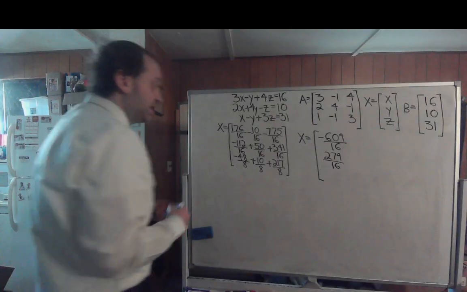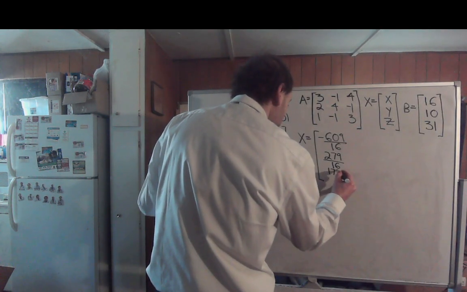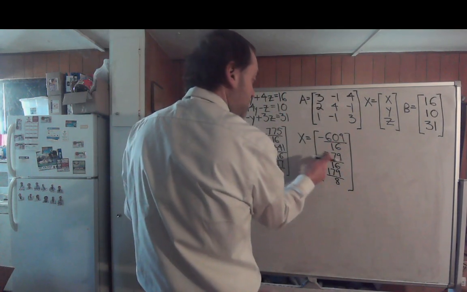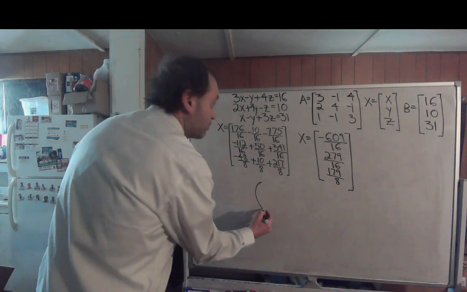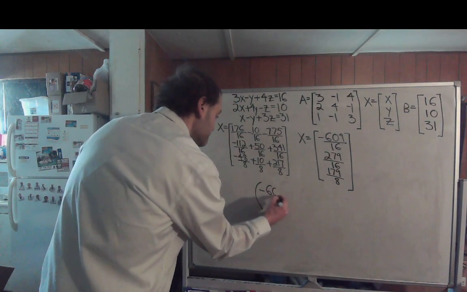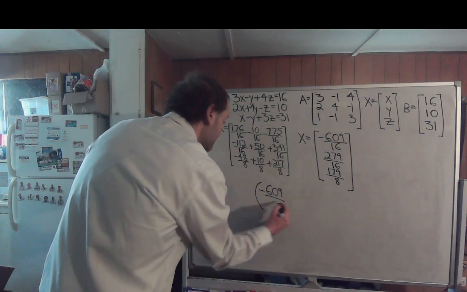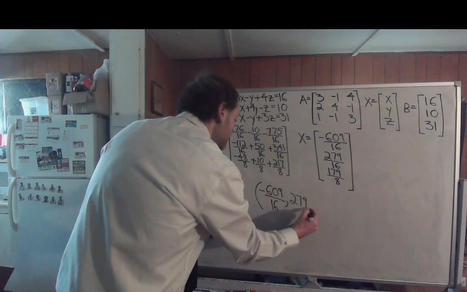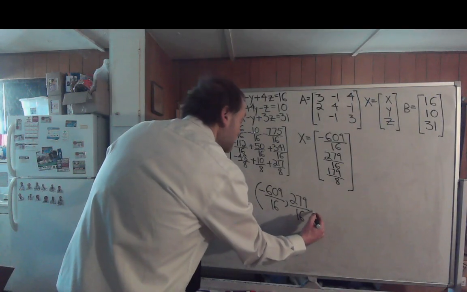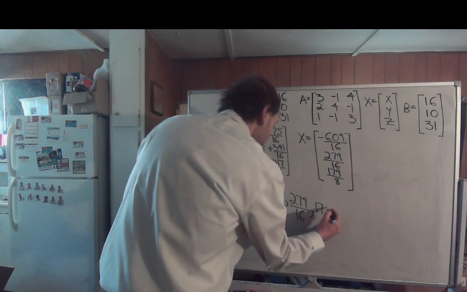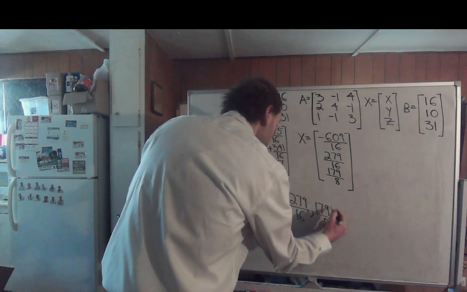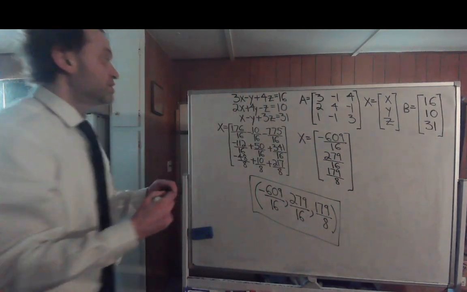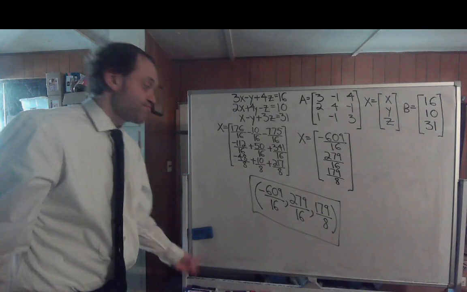That's 179 over 8. So now we have our x, y, and z values, giving us the ordered triple that's the solution for this system of negative 609 sixteenths, 279 sixteenths, and then 179 eighths. That is the ordered triple that represents the solution to this particular system of equations.